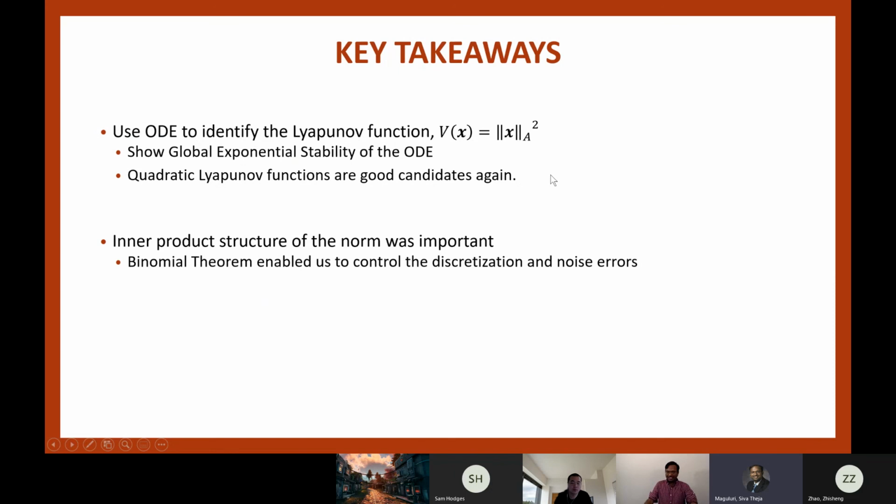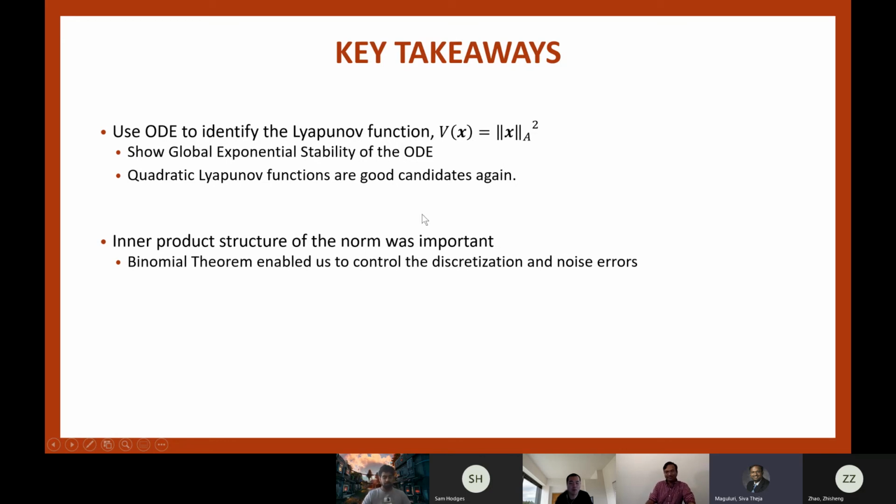So the key takeaways from the stochastic approximation part is that first look at the ODE. We don't need to analyze the ODE for the final proof, but studying the ODE will give us an idea of what Lyapunov function to use. And based on the ODE, we discovered that norm square is the right Lyapunov function. And for the ODE, this Lyapunov function enabled us to show global exponential stability. And so this is basically a quadratic Lyapunov function.